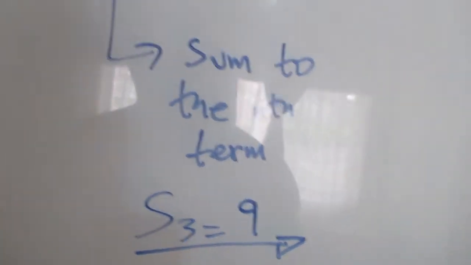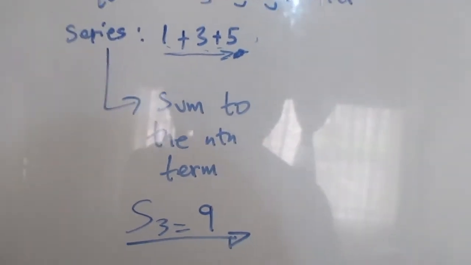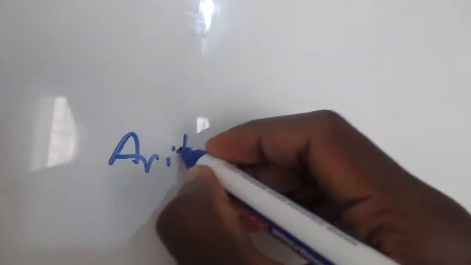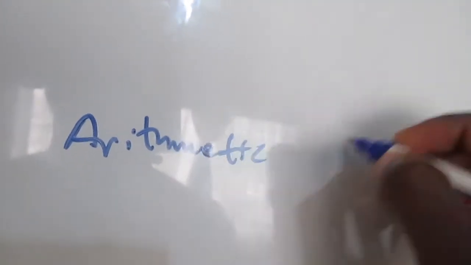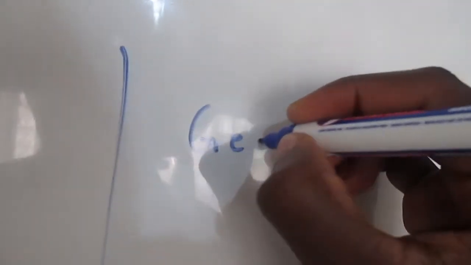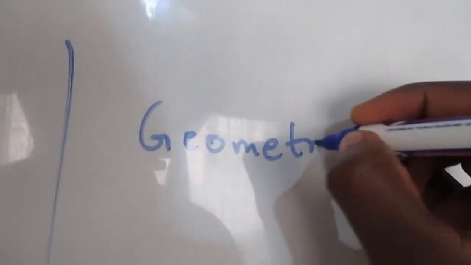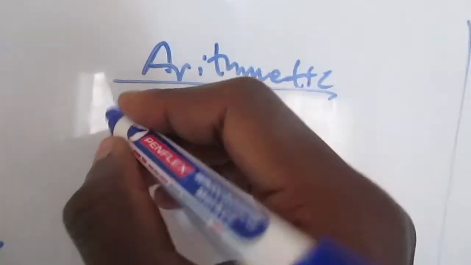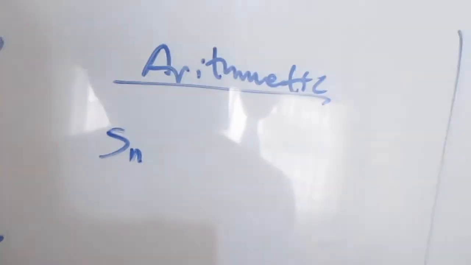That is basically what we're interested in. And in the same way, we also have arithmetic and geometric series, just like we had arithmetic and geometric sequences. You apply the same principles, but now we're interested in the sum, and therefore we expect a change in the formulas as well.